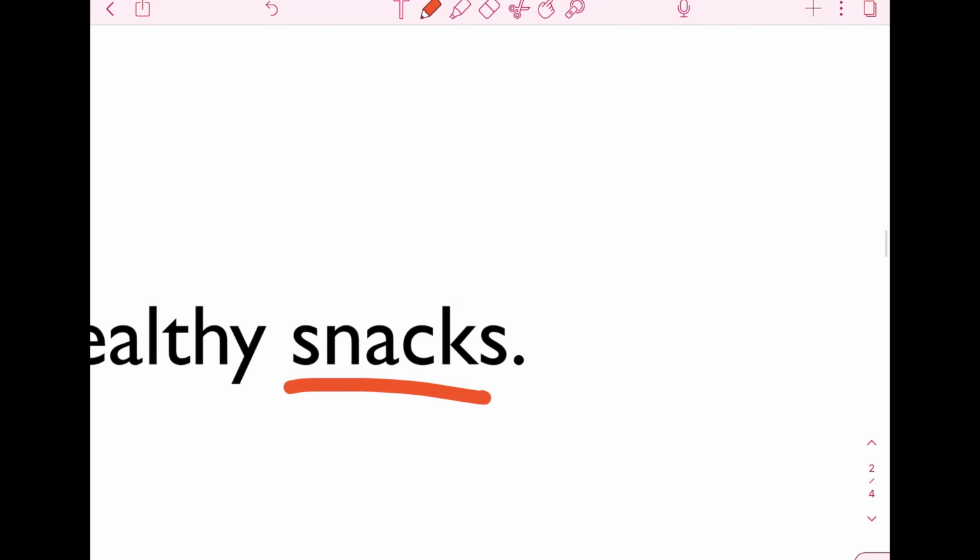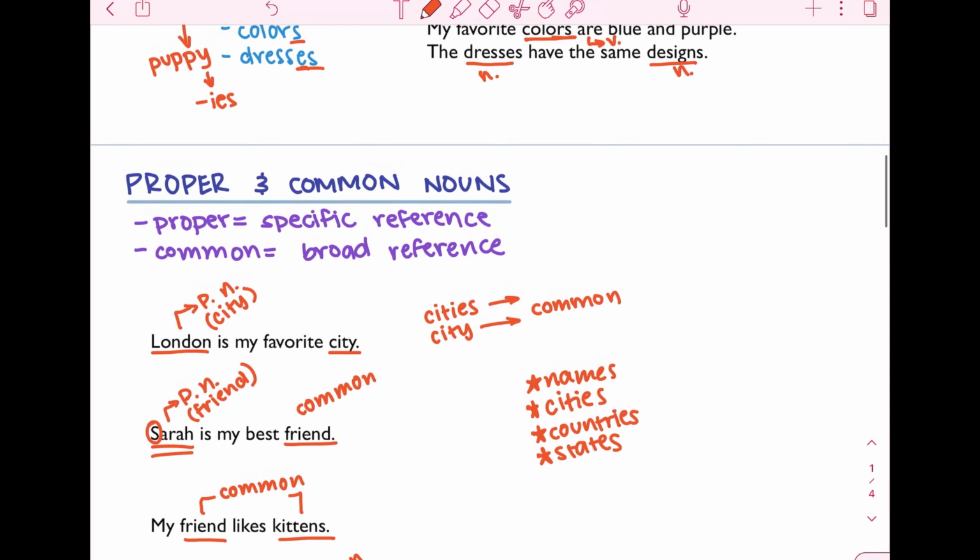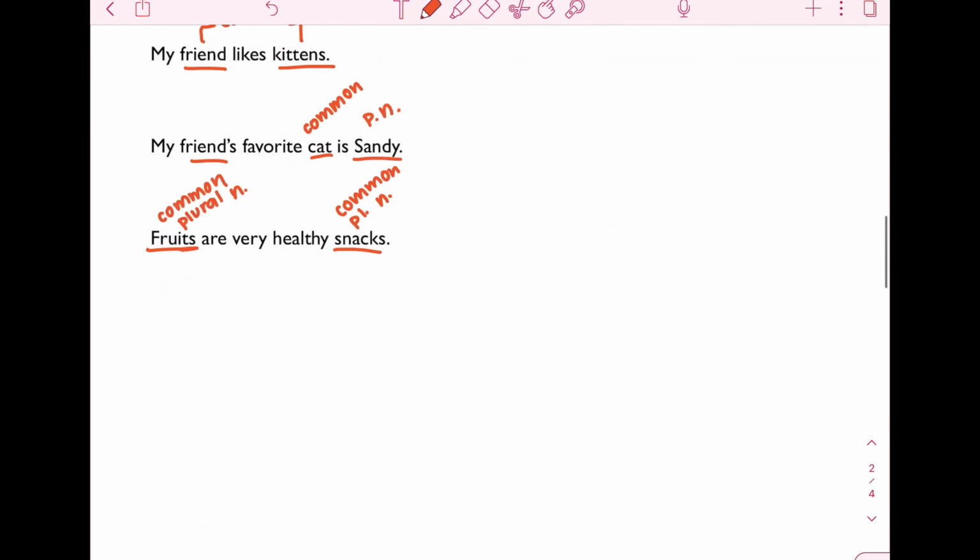And snacks, likewise, is still going to be a common plural noun, because we aren't pointing to any specific snack, but we just know that we're talking about snacks in general. So that was the end of proper and common nouns.